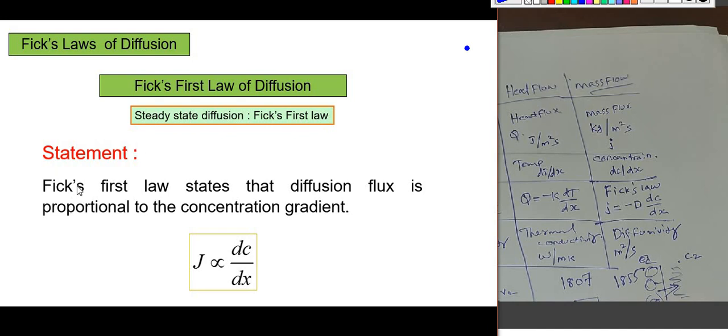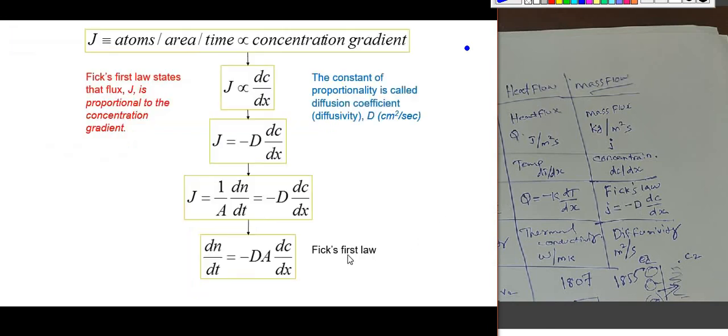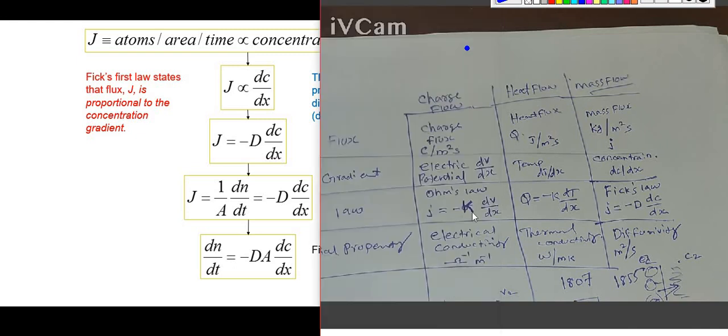According to Fick's law, J is proportional to dC by dx, and this proportionality can be removed with a constant D. So J is equal to minus D into dC by dx.